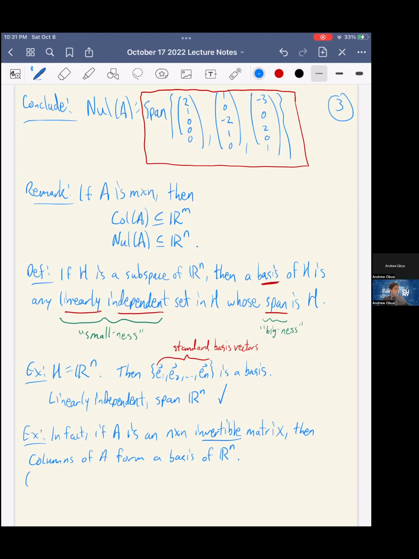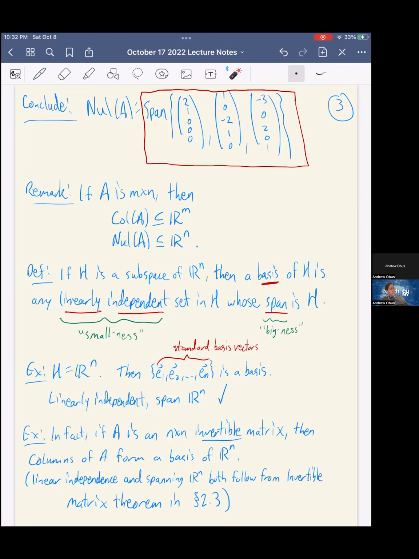And the reason is that their linear independence and spanning Rn both follow from the invertible matrix theorem. It's the invertible matrix theorem in section 2.3.